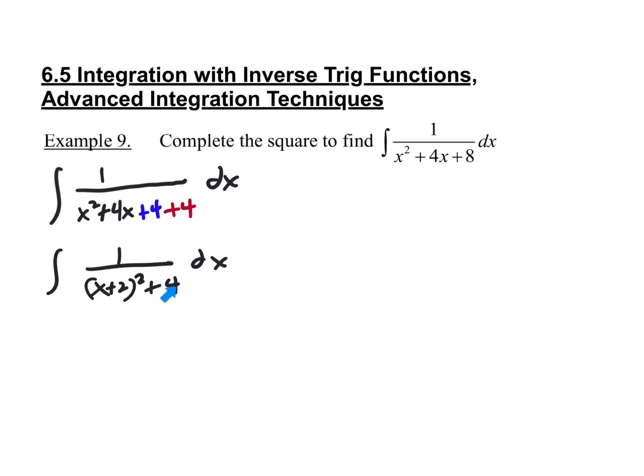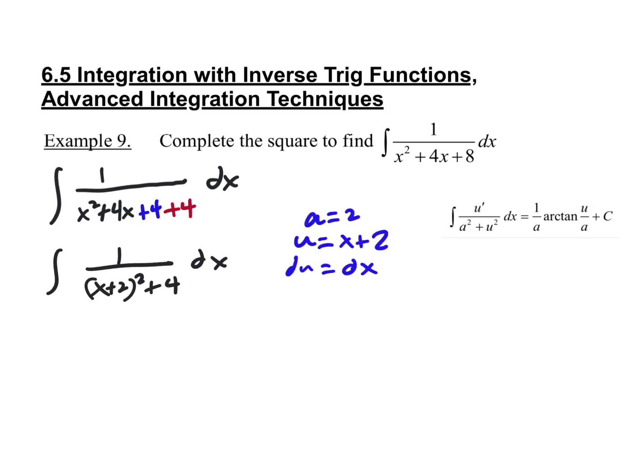What will my u be? x plus 2. And then what is du? If u is x plus 2, what's du? dx. Okay. Again, there's my tangent. I need it. So a is 2, u is x plus 2, du is dx.